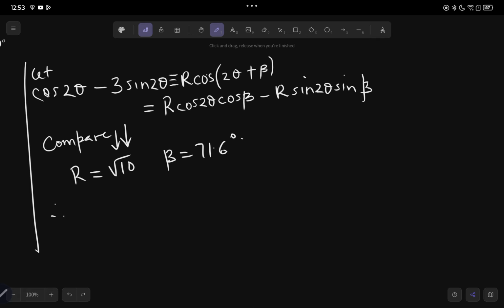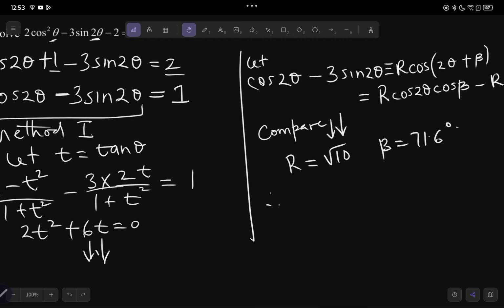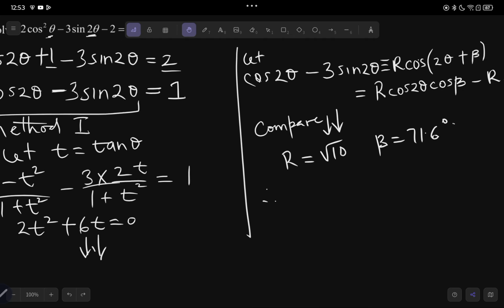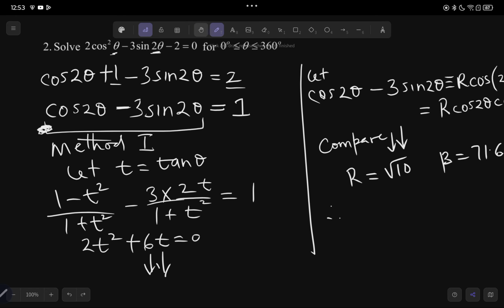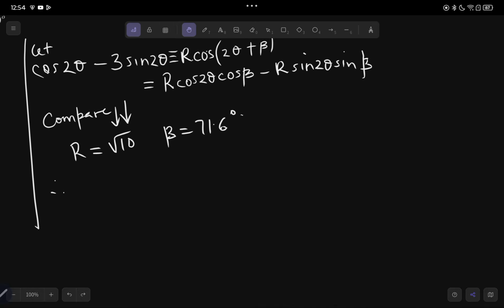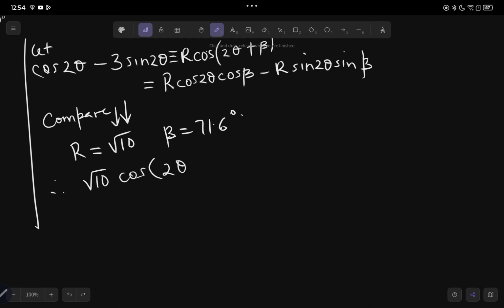So therefore, in our original question, in our step where we began to introduce this, we can replace the whole of the left-hand side with root 10 cos of 2 theta plus 71.6 degrees is equal to 1.